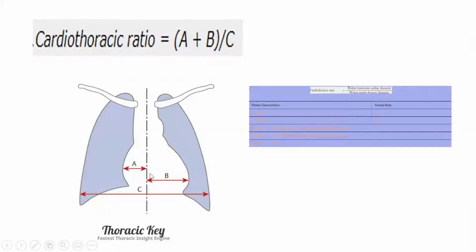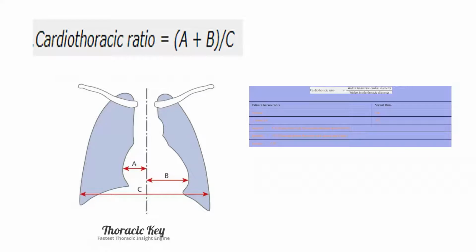Now the widest cardiac diameter, because the heart is oblique, we have to drop a perpendicular line through the spine and see the widest diameter on the left and the widest diameter on the right, and A plus B is the cardiac diameter, the widest cardiac diameter divided over C. So A plus B divided by C is the cardiothoracic ratio.